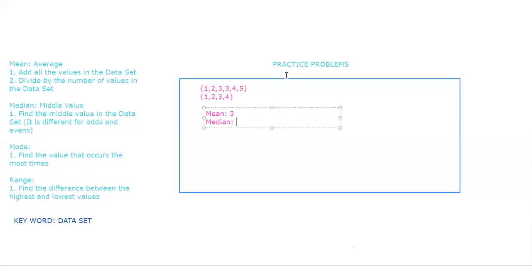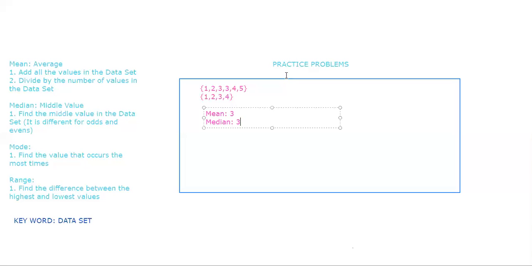To find the mean, we add all the values, then divide by the number of values. So we add 3 plus 3, which is 6, and divide 6 by 2, which is also 3. So our median is 3.